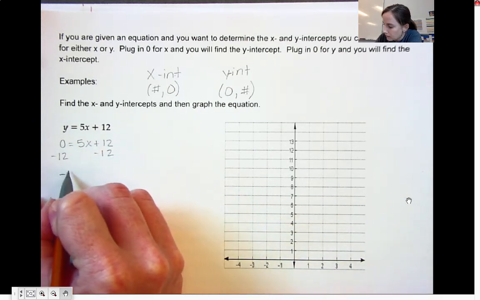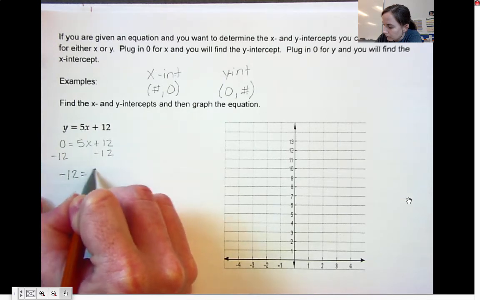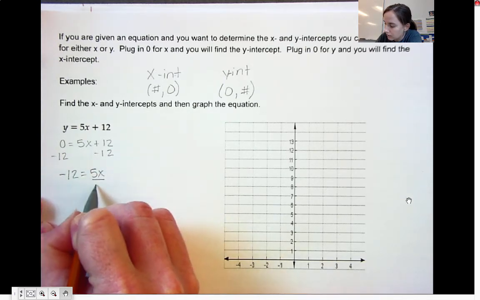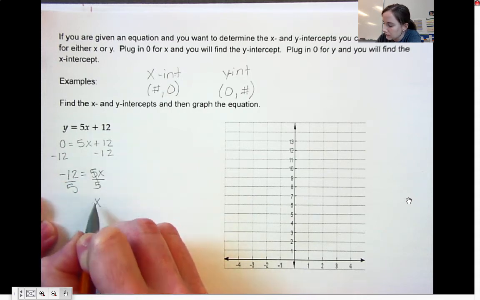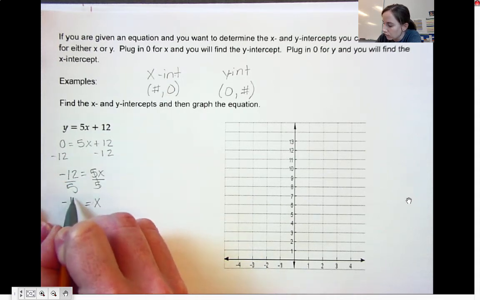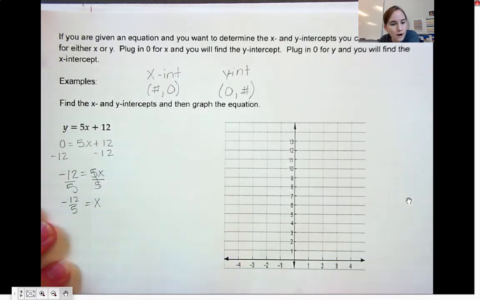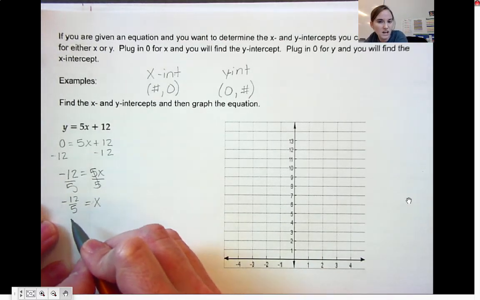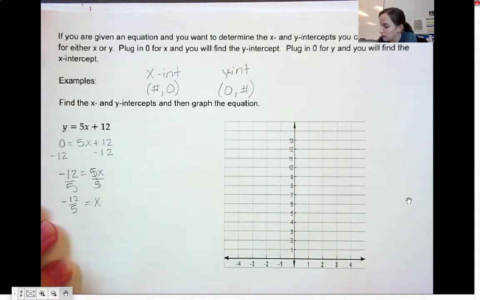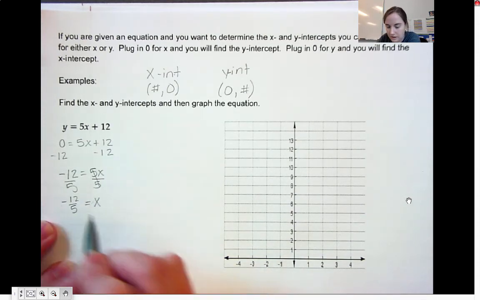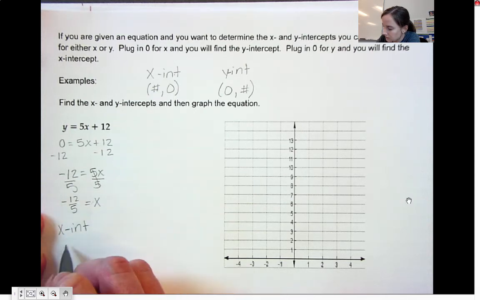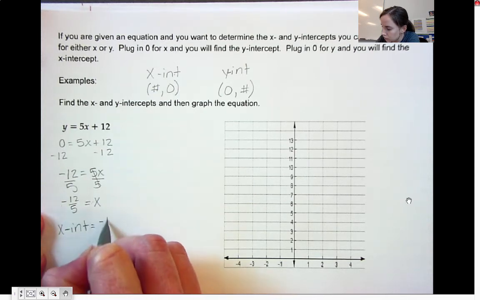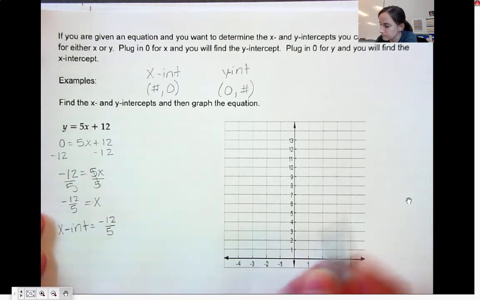So I have negative 12 equals 5x, divide by 5, divide by 5. And so x is negative 12 over 5. Now when I graph this in a few minutes, we'll change this to kind of help us see it on the graph. But for right now, this is our x-intercept. X-intercept is at negative 12 over 5.